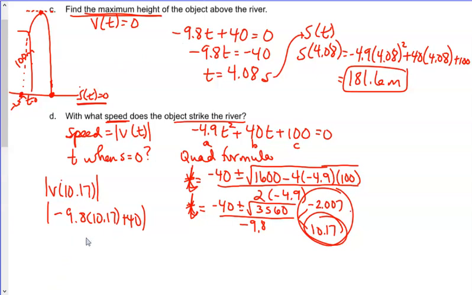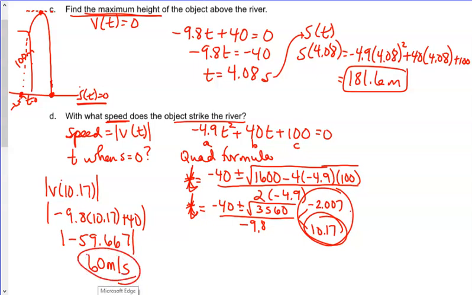And when I do this, I get the absolute value of negative 59.667. And when I round that, take the absolute value, I end up getting 60 meters per second is the speed, excuse me.